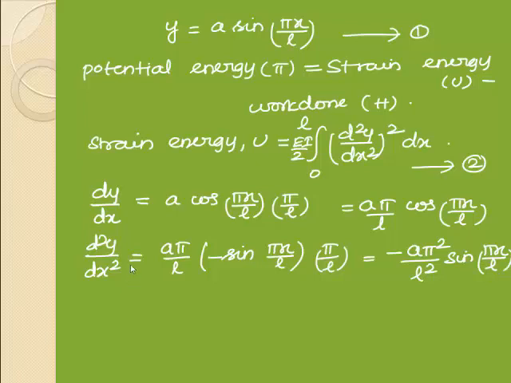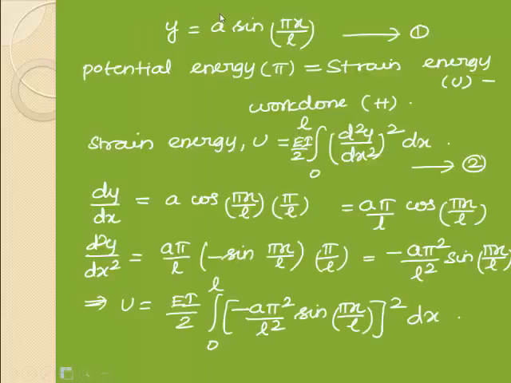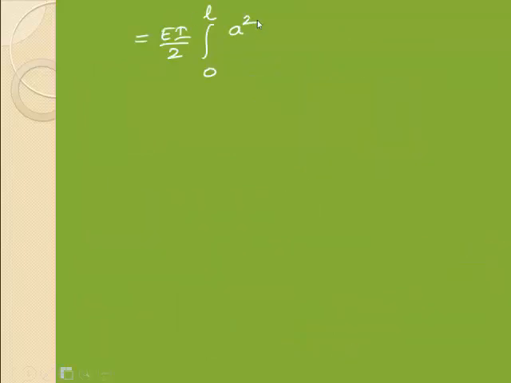Okay, so now we can substitute this in equation 2. So equation 2 becomes U is equal to EI by 2 integral 0 to L, minus a pi square divided by L square sin pi x by L the whole square dx. Okay, so EI by 2 integral 0 to L. While we are squaring the terms, minus will get cancelled.